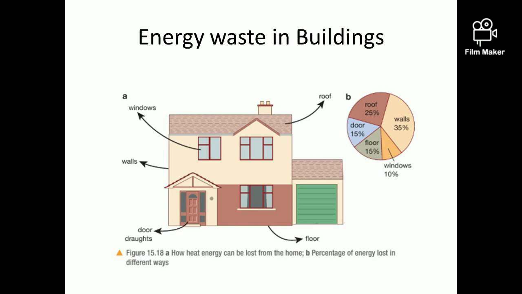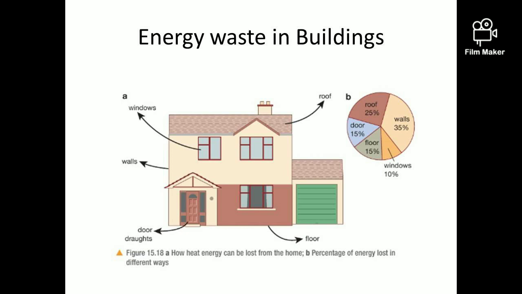If you consider an average house, part of the energy is wasted in our day-to-day activities from the roof, walls, doors, floor and windows. As percentages, most of the energy is wasted through walls, around 35%.